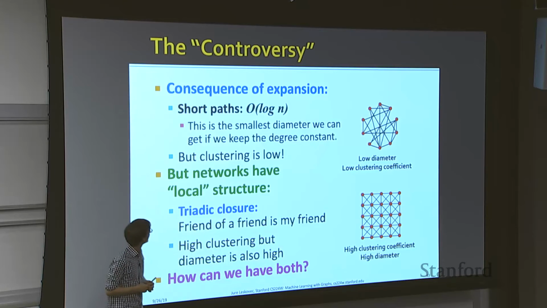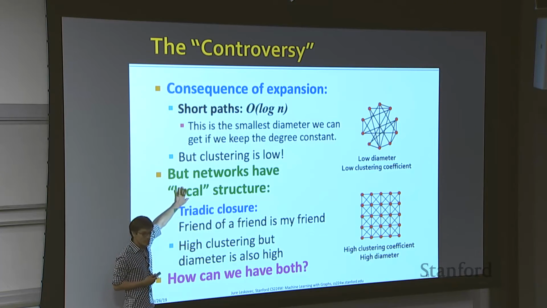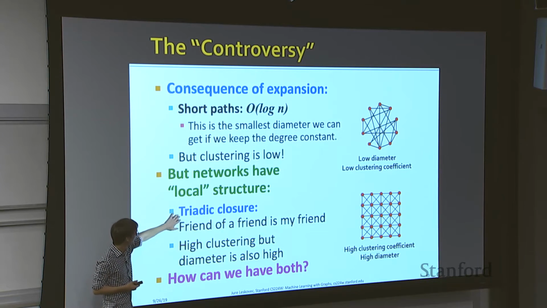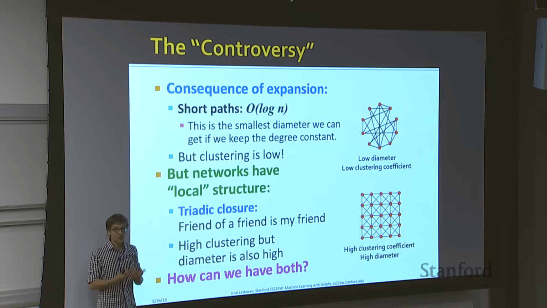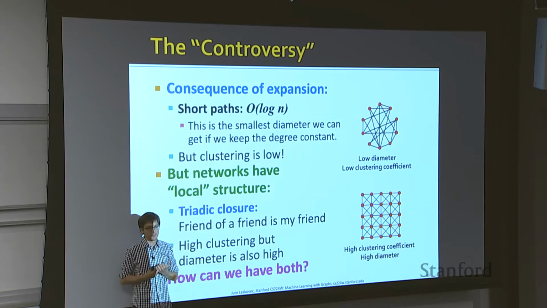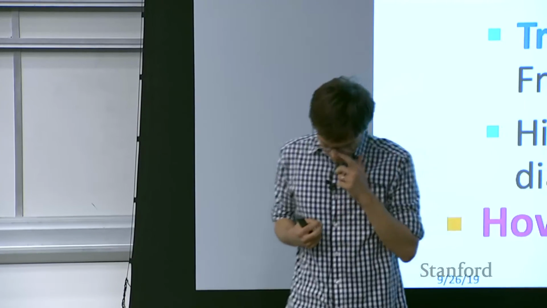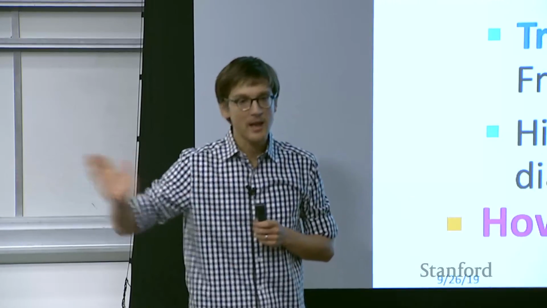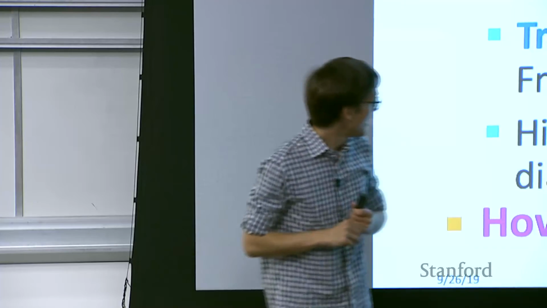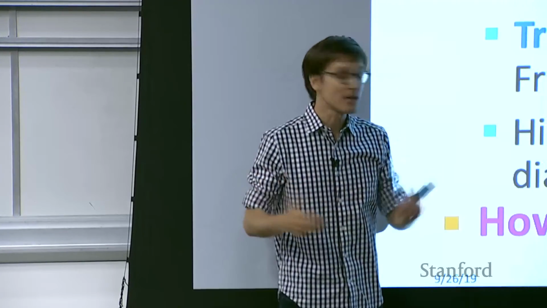That's great. But networks, social networks in particular, have a lot of local structure. This notion of what social scientists call triadic closure, that a friend of a friend is also my friend, right? So if you are friends with Michele and Michele and I are friends, then the two of us will likely be friends as well. And this means that the clustering will be high.